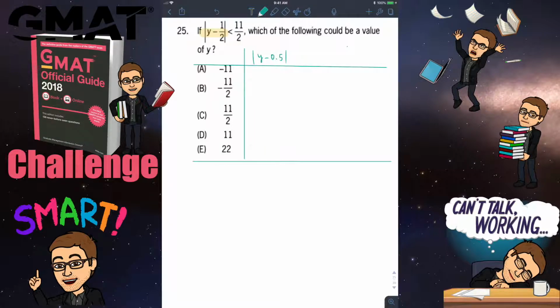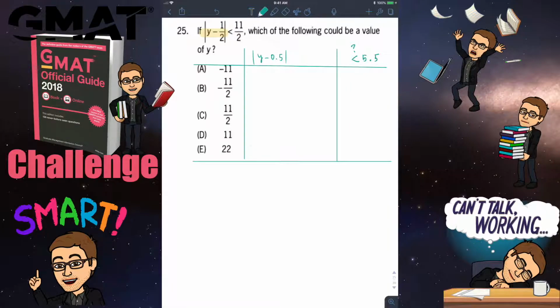Alright, so that's this column. And then the last column, I'm gonna put less than 11 over 2, which is simply 5.5. So I'm gonna convert 11 over 2 to 5.5, and then put a question mark over here as the last column. So the purpose of constructing this table, I think you probably know.